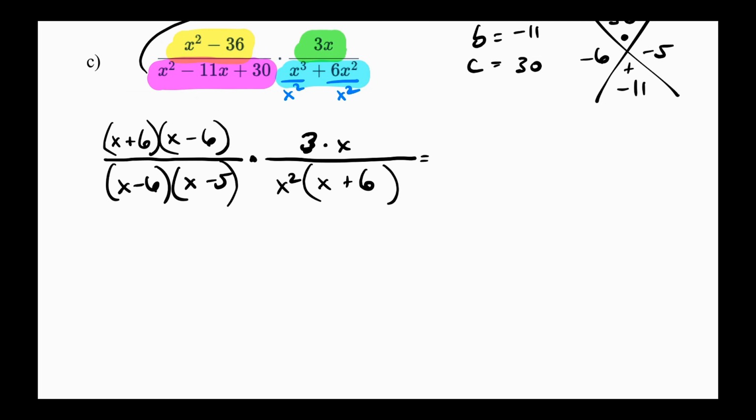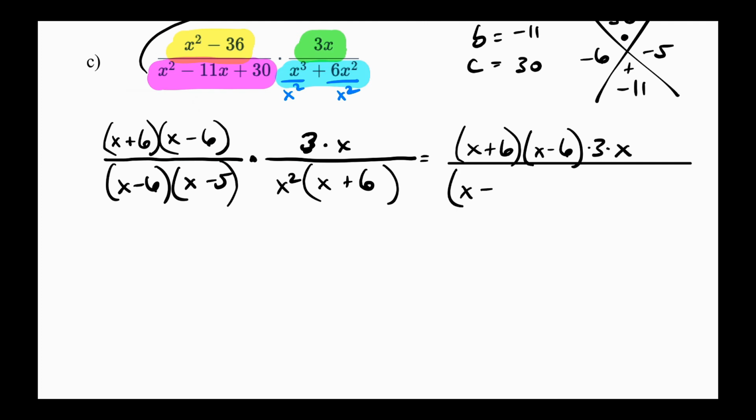Next thing, multiply. Put them all into the same fraction. x plus 6, x minus 6, 3x, over x minus 6, x minus 5, x squared, x plus 6.